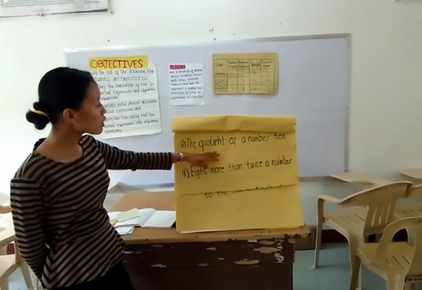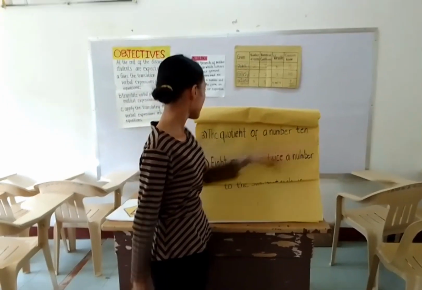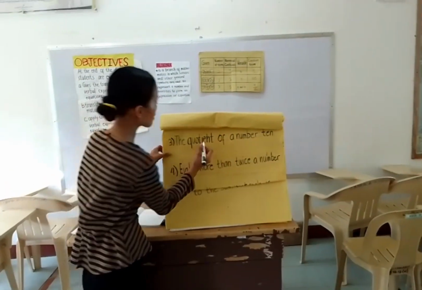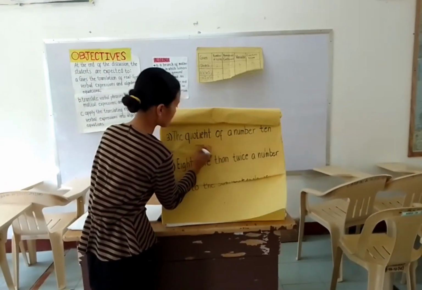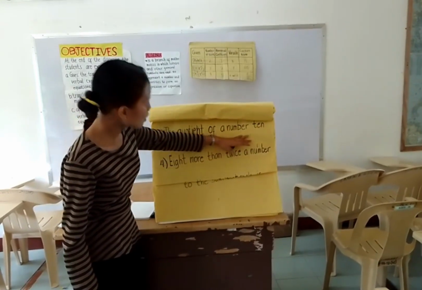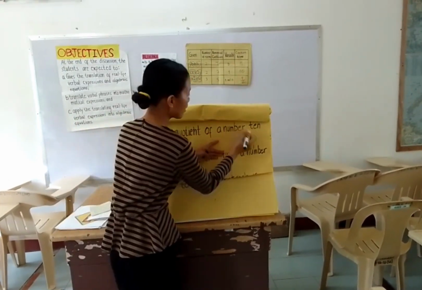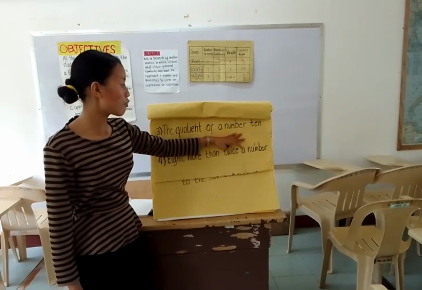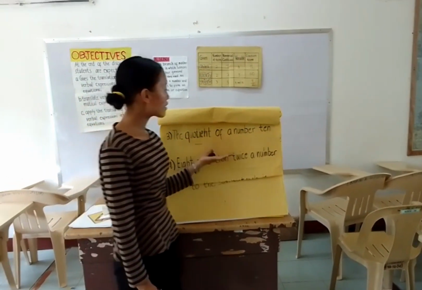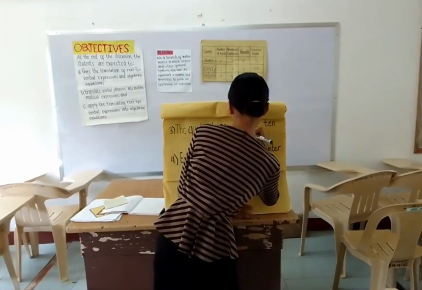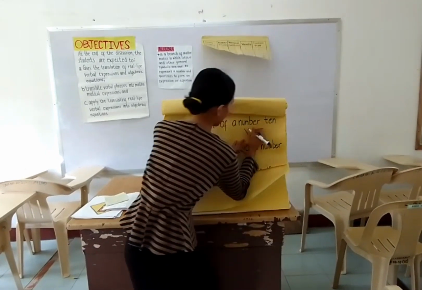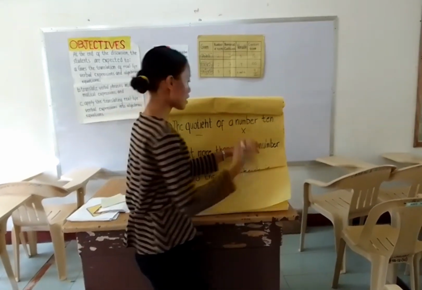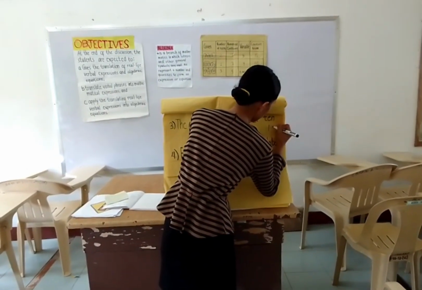Next is the quotient of a number and 10. The word quotient means divide. Next is a number, so a number is represented as a variable. We can write any letter for this, so we are going to write the letter x. Next, we are going to write the number 10.